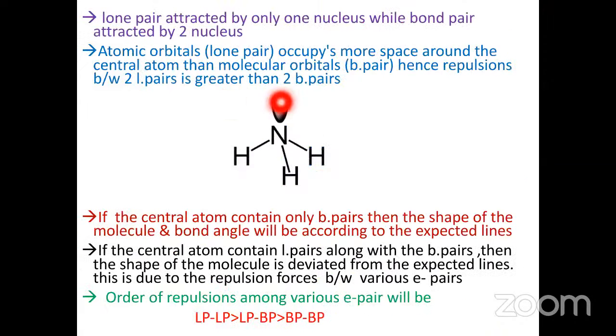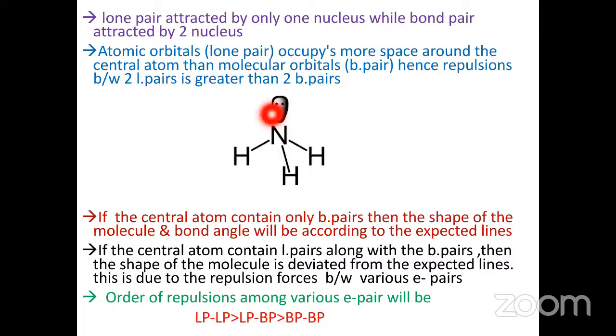If you observe the structure, the lone pair is attracted by only one nucleus. I have taken an example to help you understand better. Here, the lone pair is attracted by only one nucleus, while the bond pairs are attracted by two nuclei.